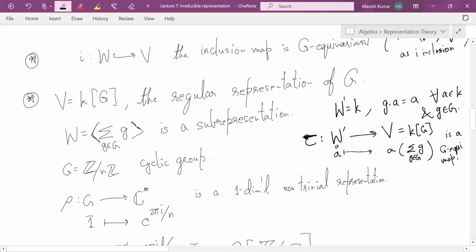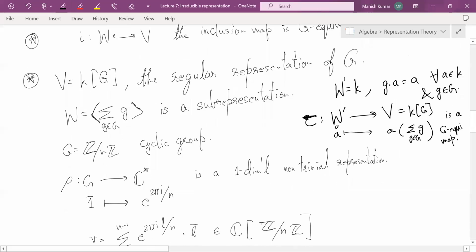I wanted to do one more example on Kg. Take G to be Z mod nZ. One sub-representation we know is W generated by the sum of all the elements of G in Kg. That's a one-dimensional sub-representation of Kg.